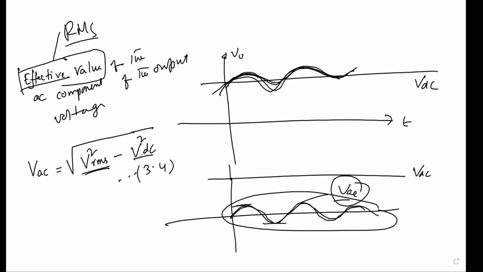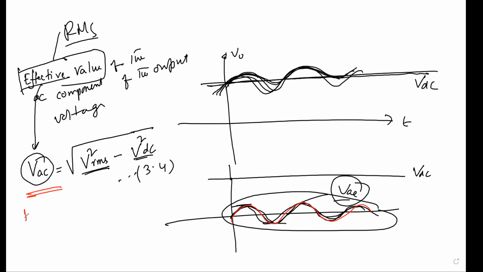And this DC is this DC value. You square the RMS value, then subtract the square of the DC value, and take the root. That will give you only the effective value of the AC component. Only the AC component we need to calculate to find out some of the things.